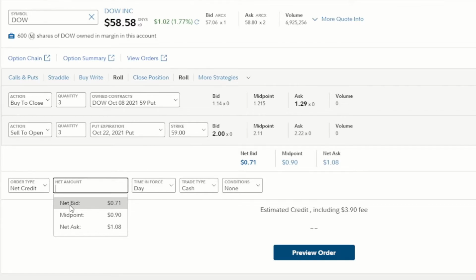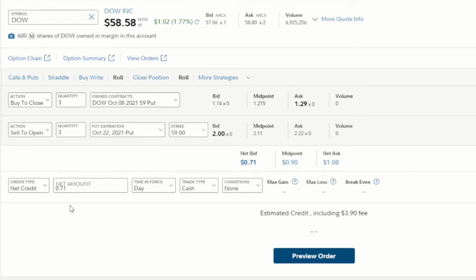We're saying we want to execute this if we say net bid, because it's going to automatically take the best price it can get, whatever the market price is, essentially. So if we're doing this right now, time in force day, cash, conditions none, we're going to put $209.10 in our pocket because it's a net credit to our account of $209.10.